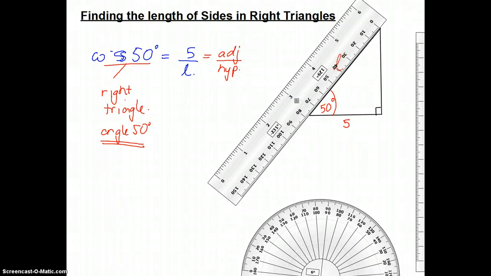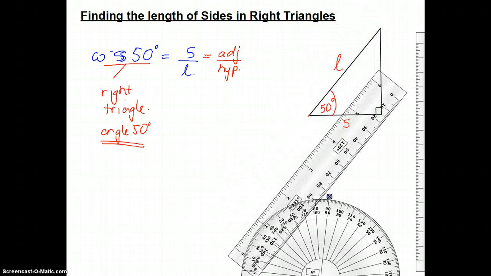If I mark that off here, it looks to be, to the best of my knowledge, 7.567. I think about 7.7.